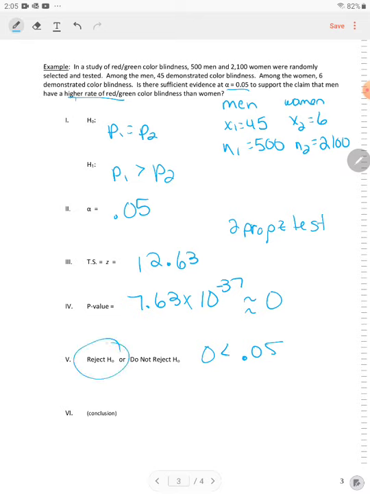So let's look at how we would write a conclusion using the words from the problem.